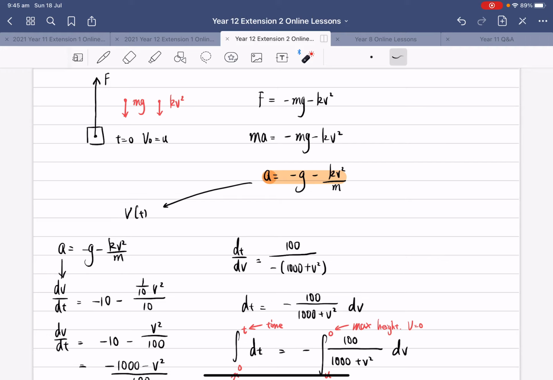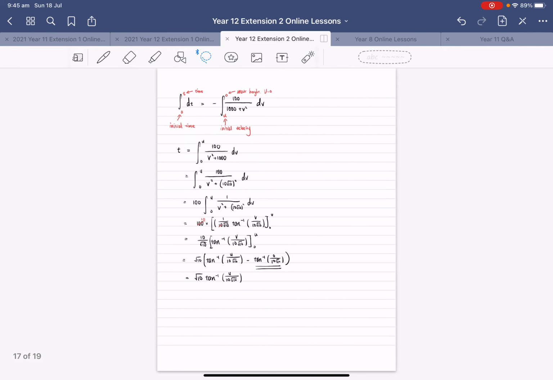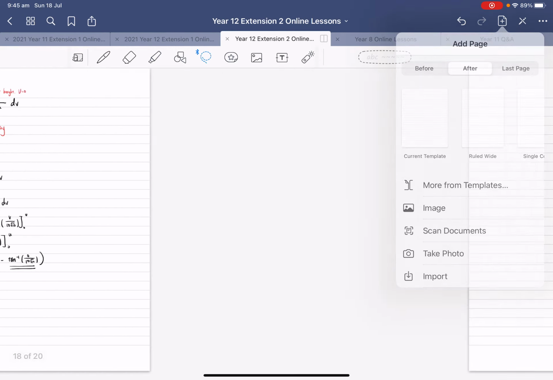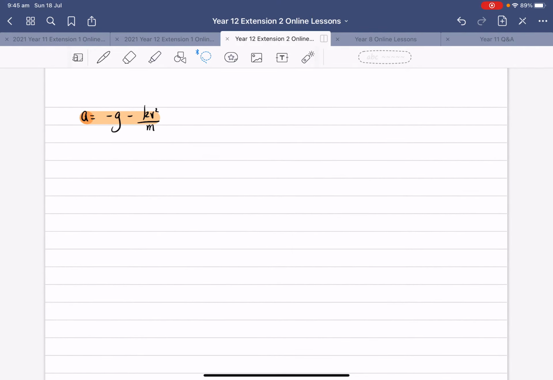This is very similar to the previous question. Let's just start. I'm just going to use this again, that's our equation of motion. And we want to find the maximum height, so we're going to change this one into v dv over dx, that's minus g minus kv squared over m.